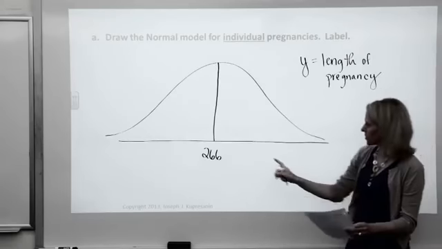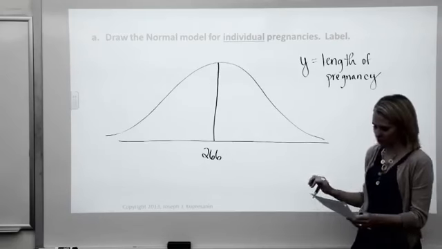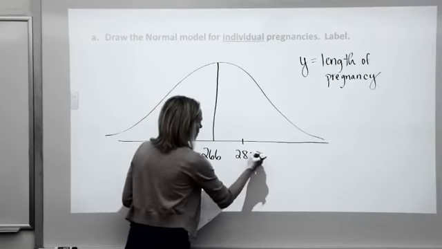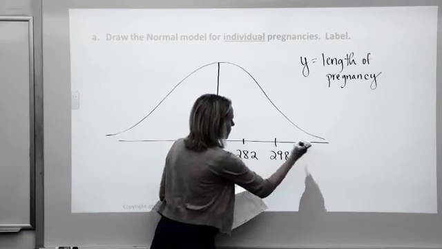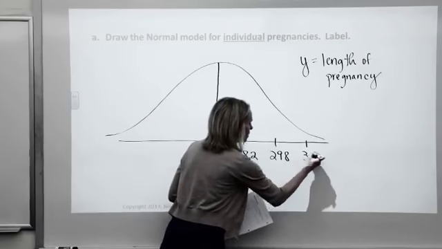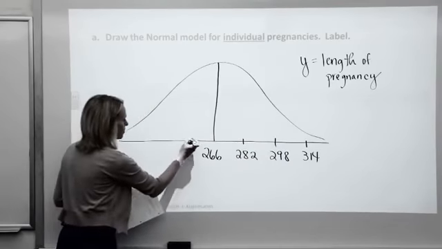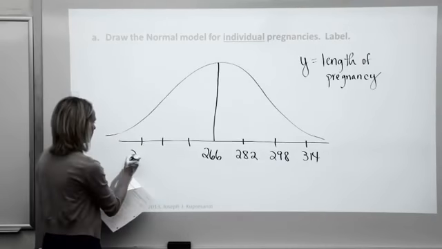And the standard deviation was 16. So from the mean, I can go up 1, 2, even 3 standard deviations. If I add 16, add another 16, and add a third 16, those are 1, 2, and 3 standard deviations above the mean. I'll do the same thing going the other direction here.